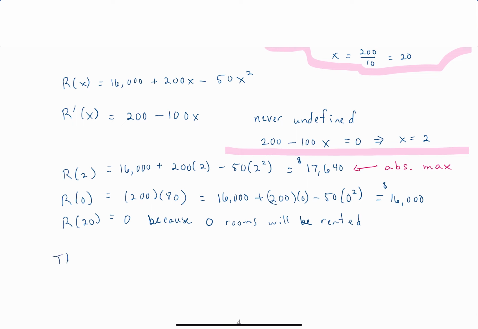So the price that gives maximum revenue is 80 plus 5 plus 5, so that's $90 per room.